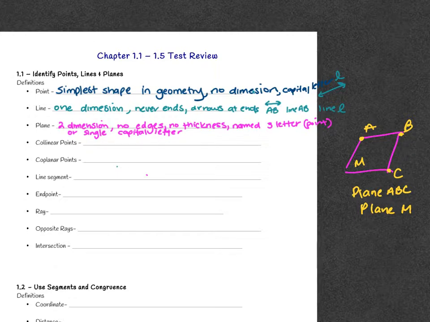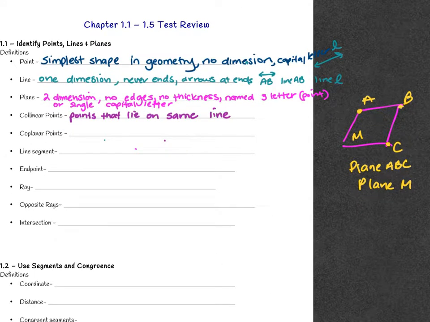What are collinear points? Good. Points that lie on the same line. What are coplanar points? Good.